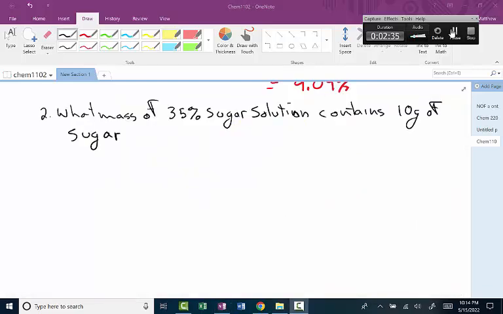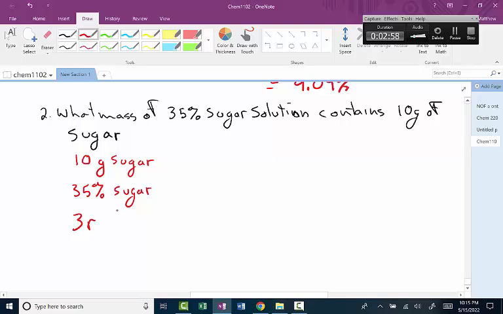So here we go. What mass of 35% sugar solution contains 10 grams of sugar? So I write, I want 10 grams of sugar, and I know I have 35% sugar solution. And I might want to restate that as 35 grams of sugar per 100 grams of solution. That's what 35% means, okay?